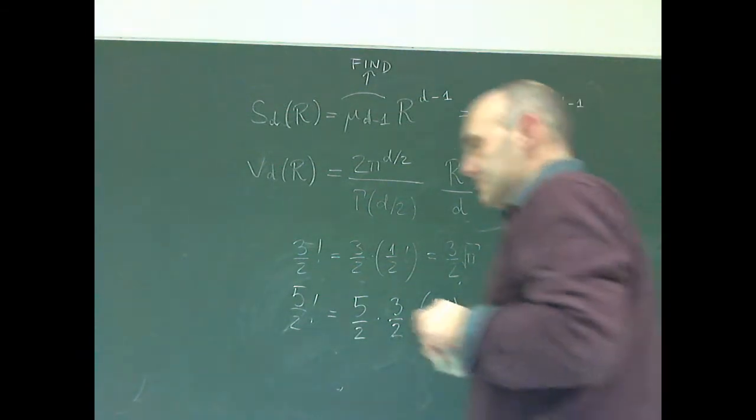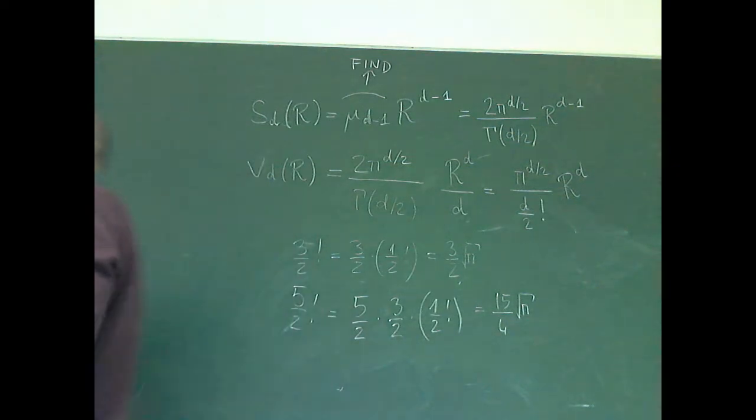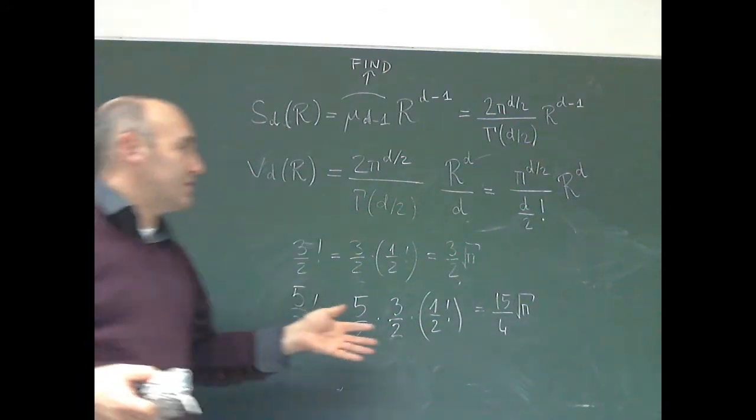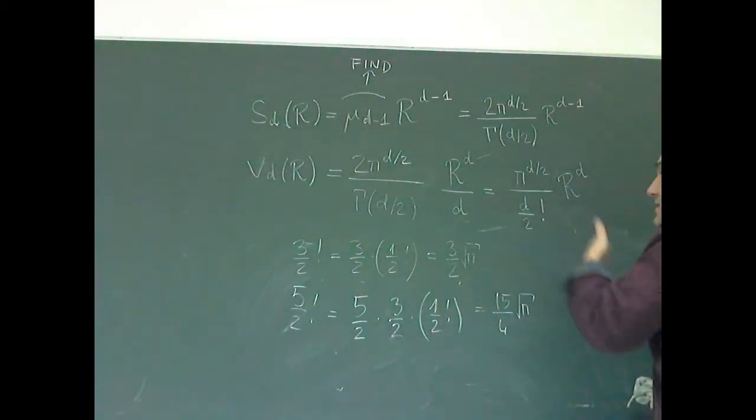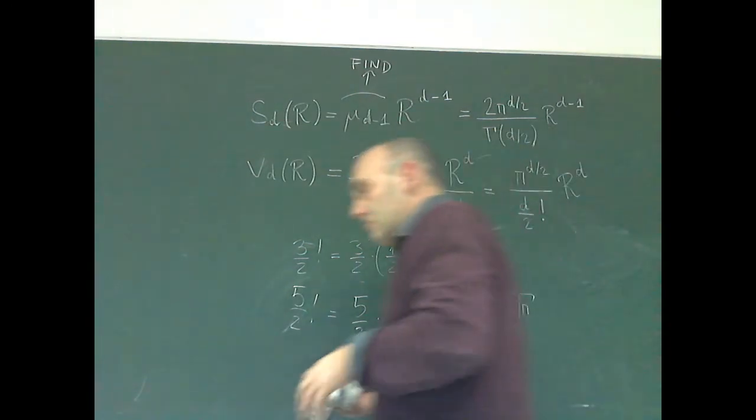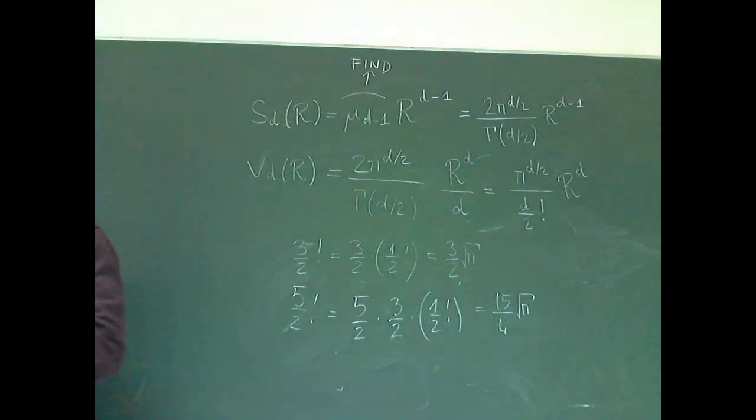Okay, right. So this is the end of the calculations. Therefore, the end of the calculation gives the volume of the sphere in dimension d. So one can check that with this convention, if you have d equal to 2 and d equal to 3, we get exactly the known volumes that we have written.